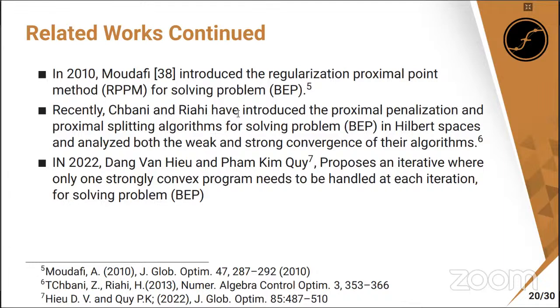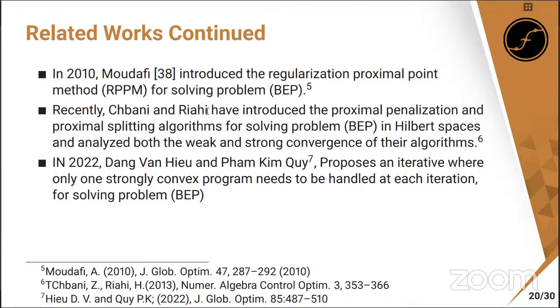And then last year, Hieu and Kwai proposed an iterative scheme where only one strongly convex program needs to be handled at each iteration in order to solve the equilibrium problem. Actually, most of the algorithms developed earlier, maybe the ones by Moudafi, Shehu, and Riahi, all of them always have about 2 or 3 convex programs that need to be solved in order to find the solution.